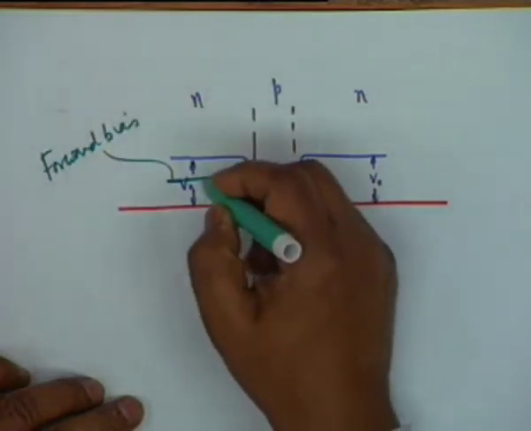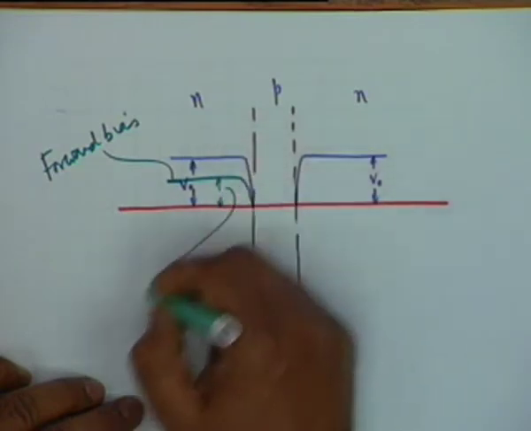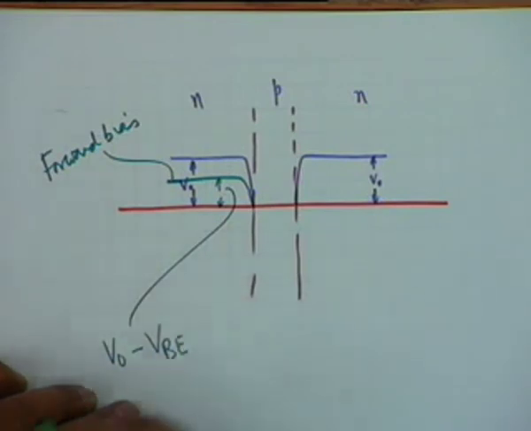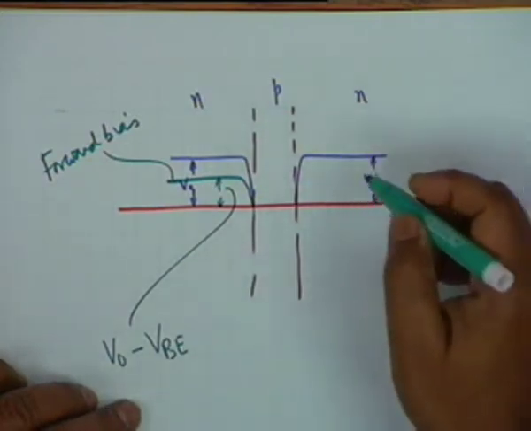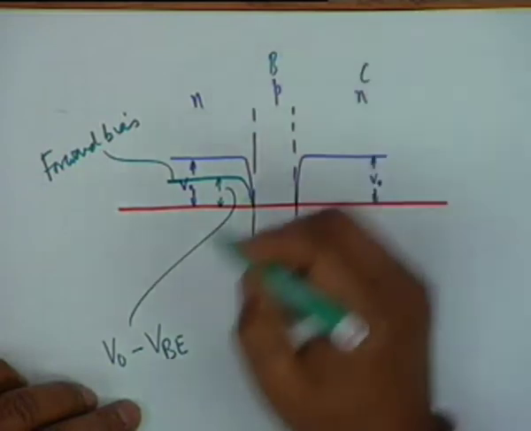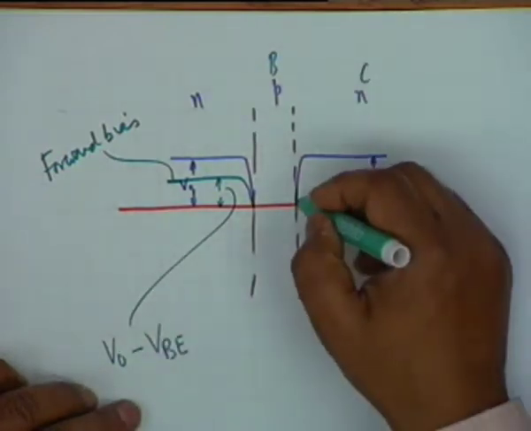Forward bias, and this height shall now be V0 minus VBE, the amount of forward bias. On the other hand, the PN, the collector base junction, is reverse biased. So what happens?